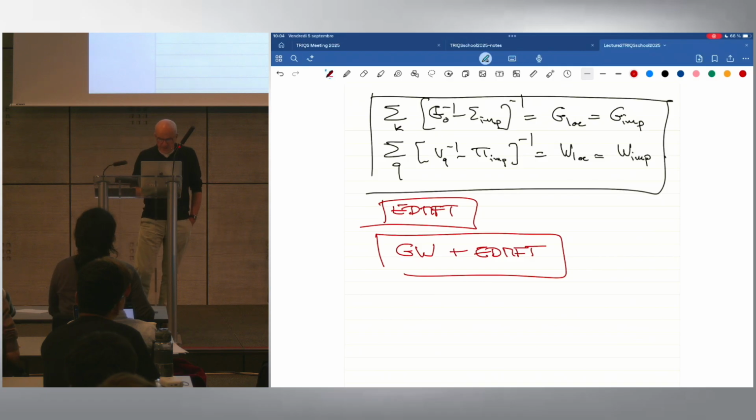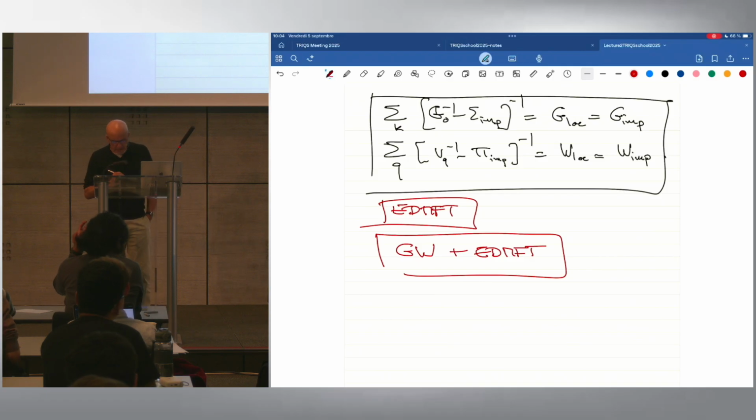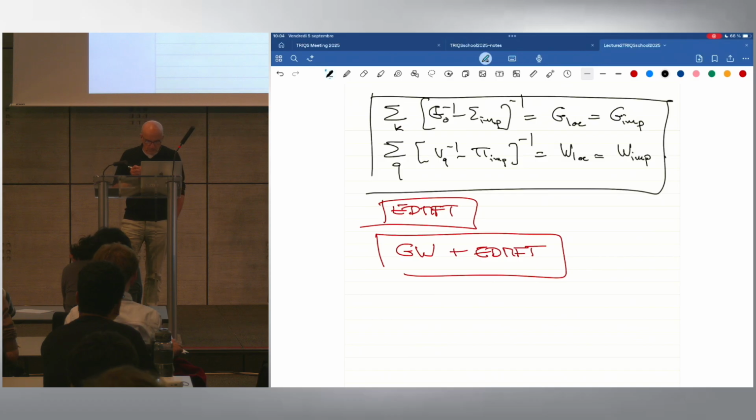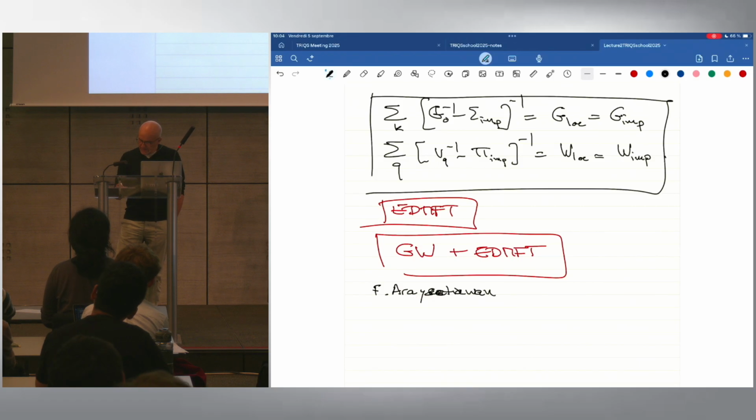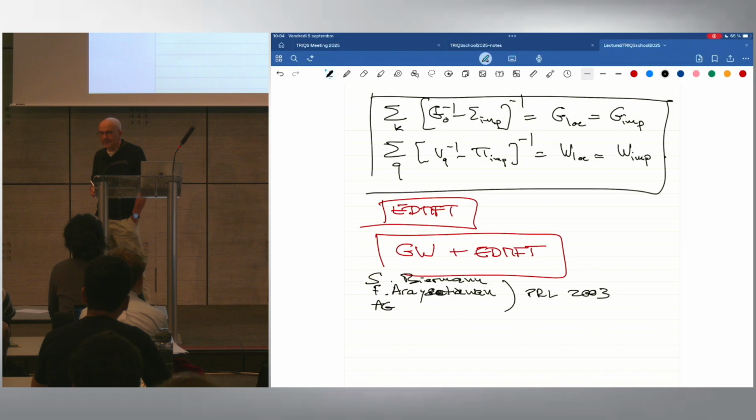Okay, so GW+EDMFT, incidentally, was introduced in its present form in a paper by Ferdi Aryasetiawan, Silke Biermann, and myself in the PRL in 2003, so it's not very new.